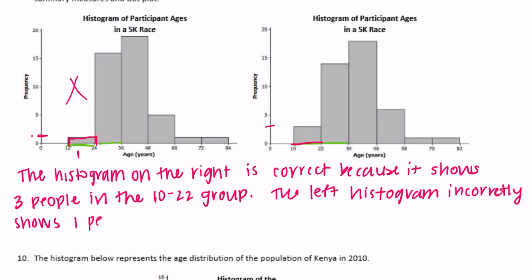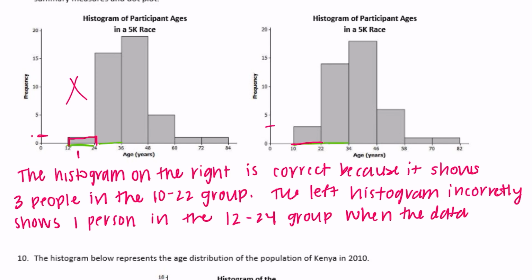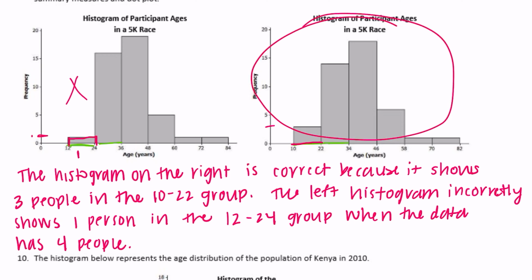So it only shows one person in the 12 to 24 group when the data has 4 people. So if you go on, you might find more mistakes or fewer mistakes, but that one alone shows me that it has to be the one on the right.